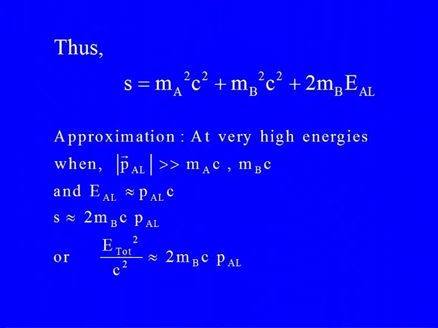In that case, you know that the total energy of particle A in the lab system is nothing but PAL, the momentum in the lab system, times the velocity of light. It can be approximated by that, because the other quantity, which depends on the rest mass, will be much less compared to this.